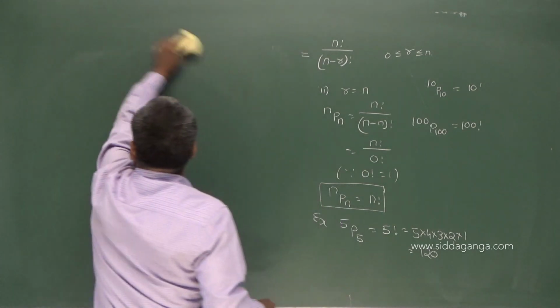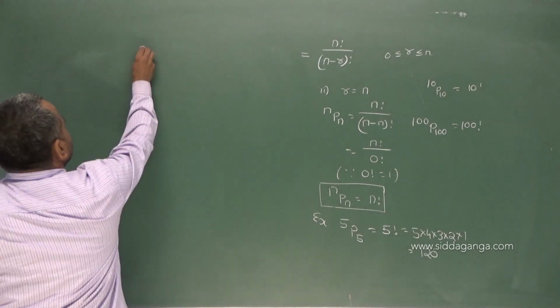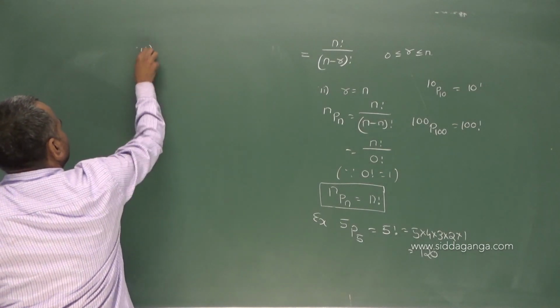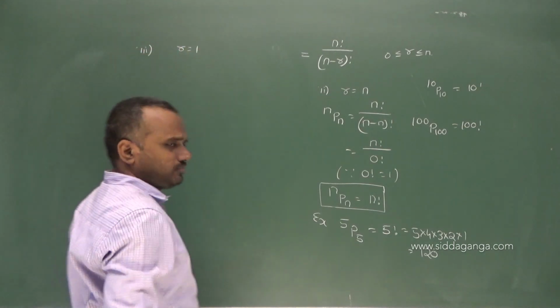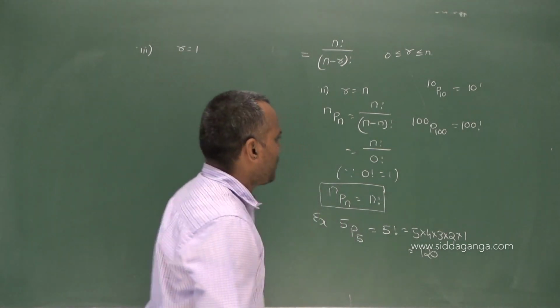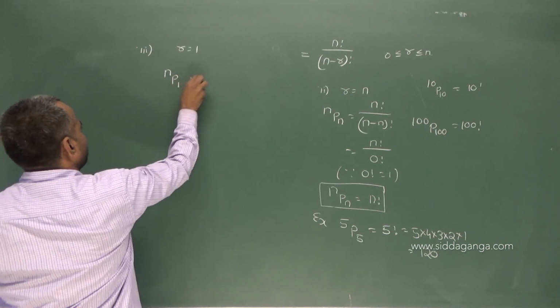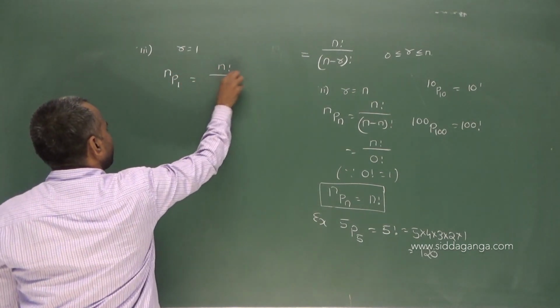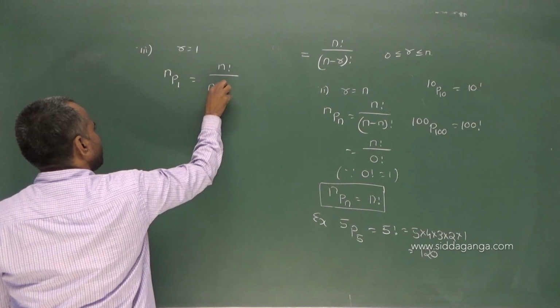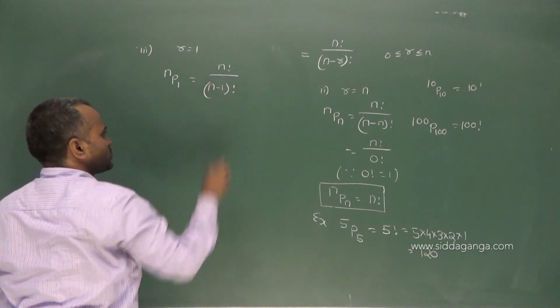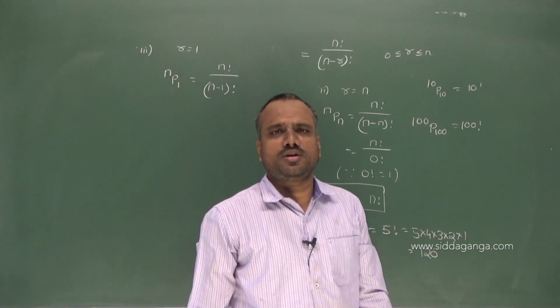Third note, r is equal to 1. What will happen? We will see this one. nP1 is n factorial divided by (n minus 1) factorial.